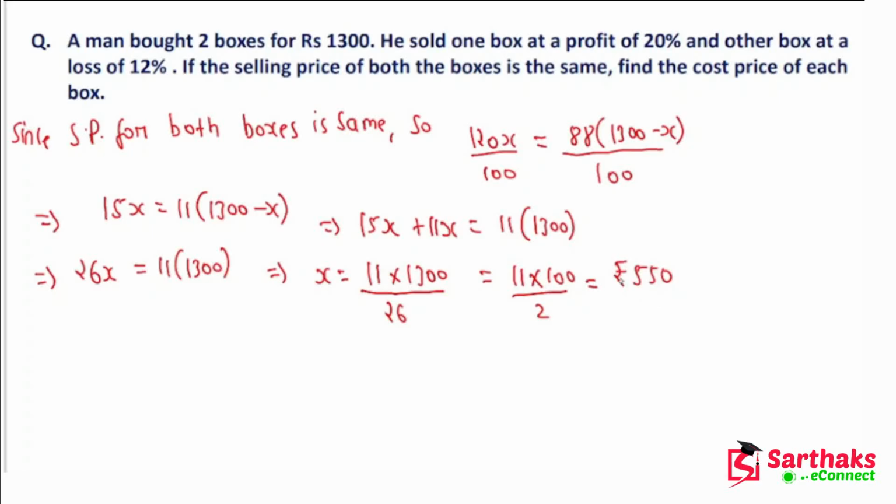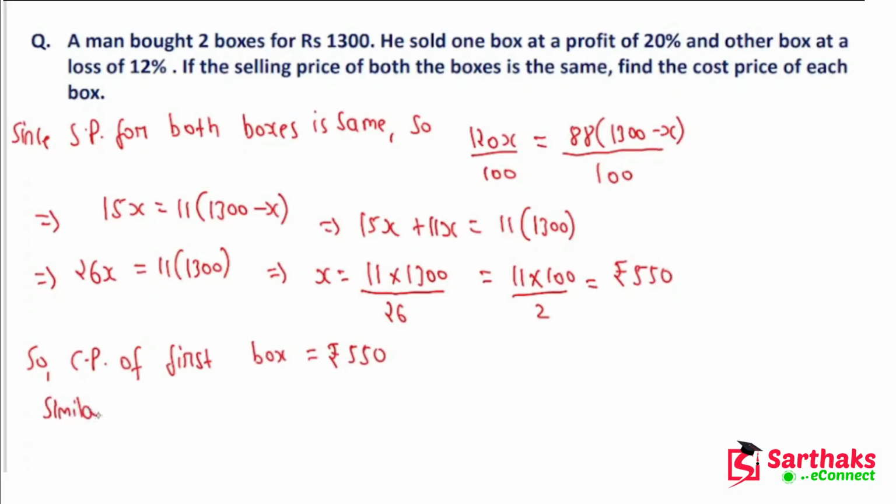Okay, so what was actually the x? X was the cost price of first box, which was rupees 550. Okay, so cost price of first box is equals to rupees 550.